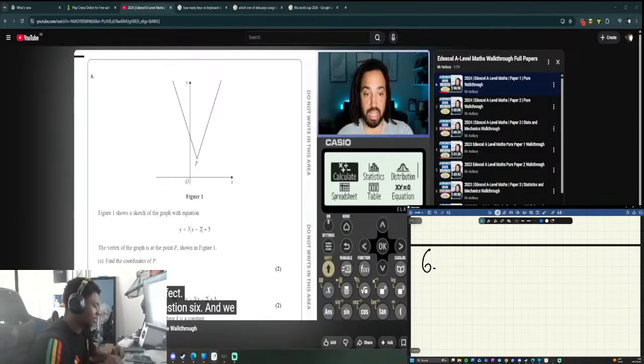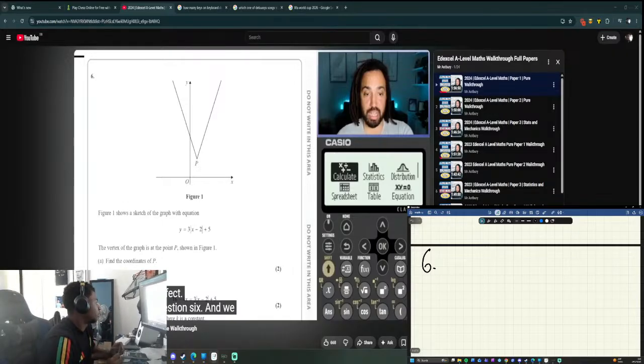Deep down. Figure 1 shows a sketch of the graph of the equation y equals 3 modulus of x minus 2 plus 5.